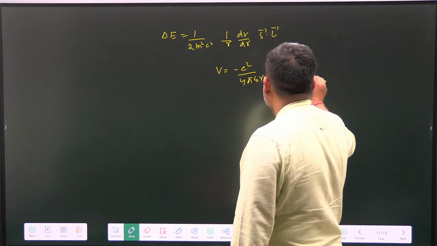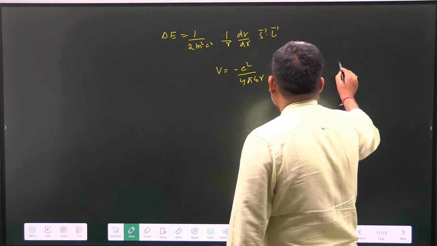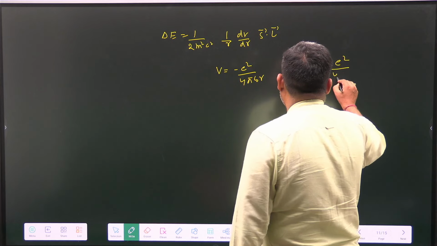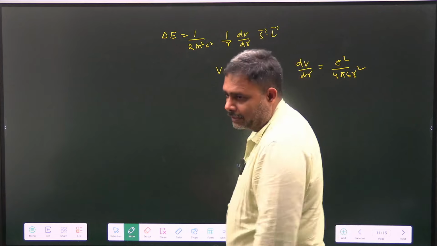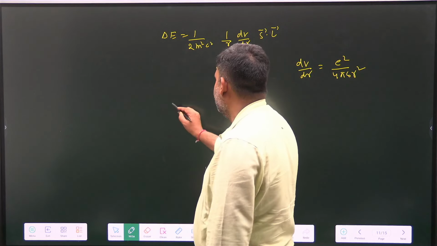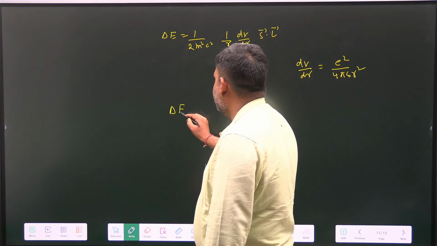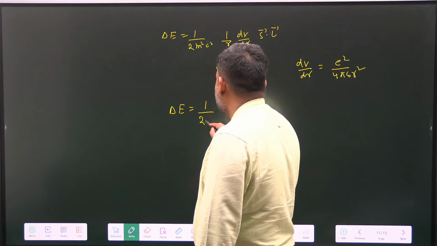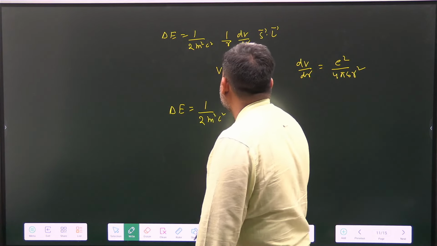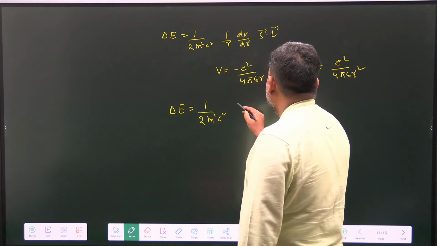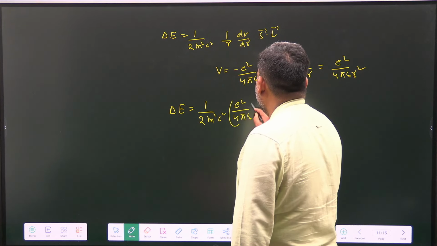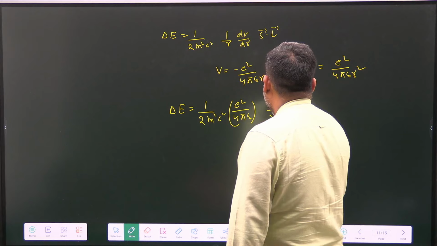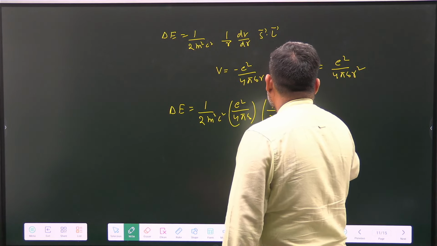We have to find dV upon dr, which is nothing but e square upon 4 pi epsilon naught r square. The negative sign will become positive, right? And so everything will remain positive. So delta E is equal to 1/2 m square c square, and we have e square by 4 pi epsilon naught, and we have r cube and S dot L.